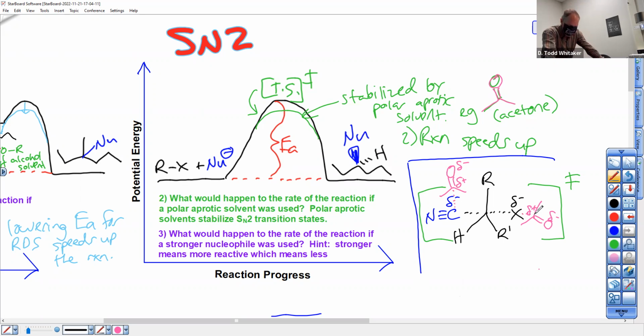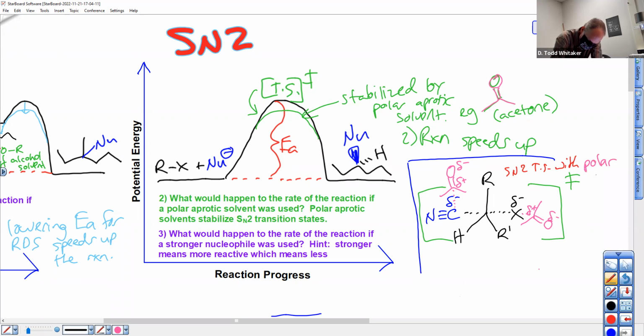So we're stabilizing the SN2 transition state, TS, with polar solvent. There's a much prettier diagram in the textbook if you want it, okay? You didn't need to copy that. Question 2 is answered. It's in green.